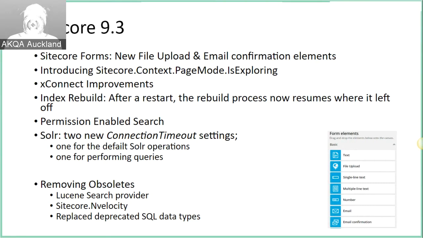But otherwise, Sitecore Forms. How many have worked with Sitecore Forms? Yeah. Then there are two new controls: file upload and email confirmation. Two new elements, and there are a lot of small updates on the forms as well. But otherwise, they introduced one more. We are all familiar with Experience Editor modes, right?